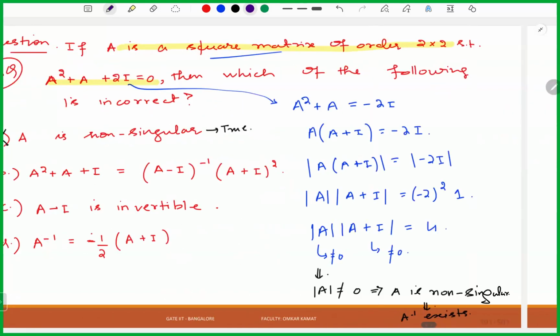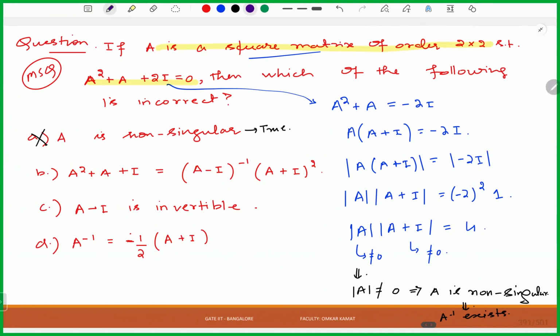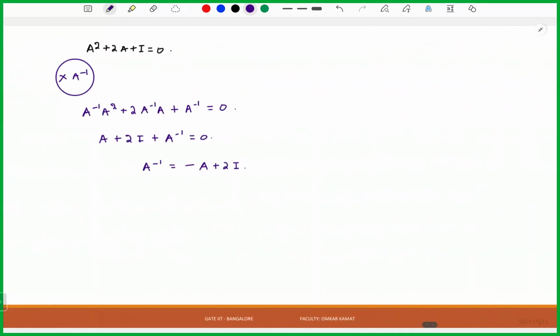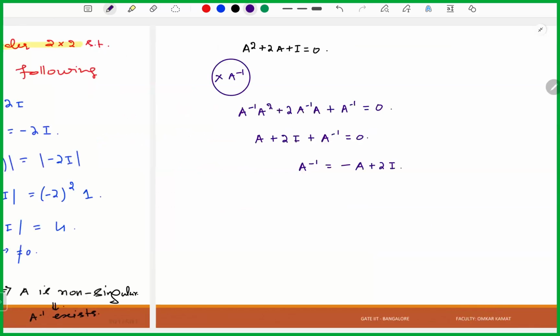But here A inverse is equal to minus 1 by 2... Where I have made a mistake.